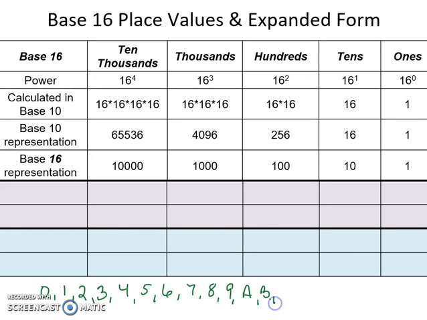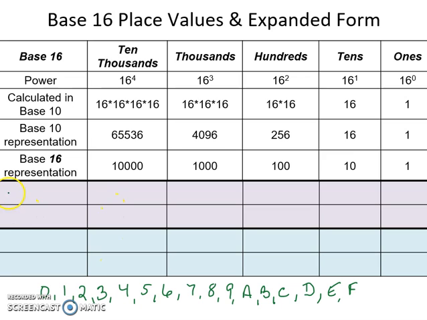Now, if we were to go beyond the 26 letters, which could happen depending on your system, you're going to use something else. So A, B, C, D, so that's 10, 11, 12, 13, 14, and 15. Remember, we don't need 16 because when we hit 16, we go to the next column.